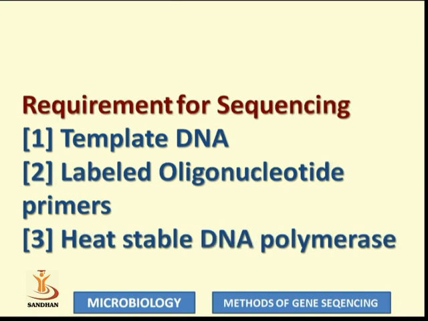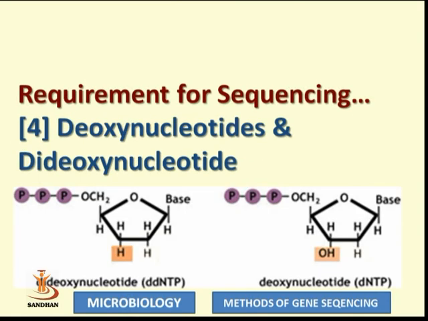The basic requirement for sequencing, as we have seen earlier, is that it utilizes the PCR technique. So you require a template DNA. Along with that, as we want to run the PCR, we have to use labeled oligonucleotide primers. And you should use a heat stable DNA polymerase, which will carry out the polymerase reaction in in vitro conditions. Along with that, we use ddNTPs and dNTPs.